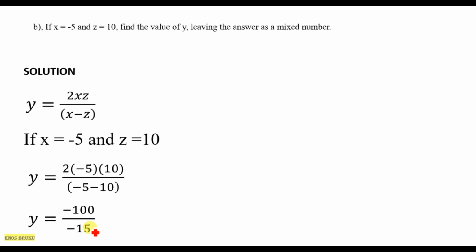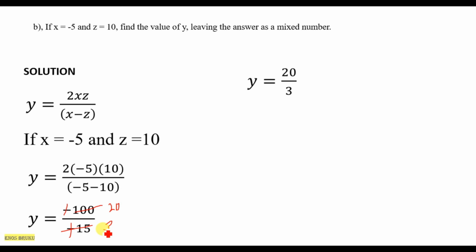So we're going to have something like this. The negatives will cancel. 5 will go into 100 20 times, and 5 will go into 15 3 times. So we will end up getting this fraction, 20/3, which is an improper fraction.